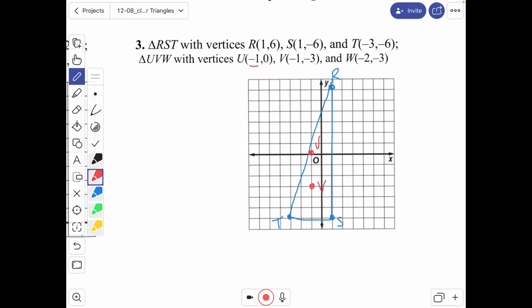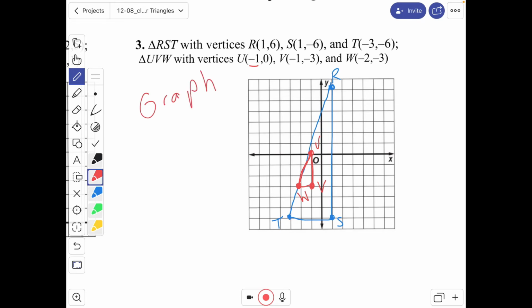And then go -2 to -3. Put a dot, and that's W. Now, if my line was straight, this should be all on the same line. If you can use a straight edge, that might help you get it straighter. Okay, so that's the first part. Put it on the graph.